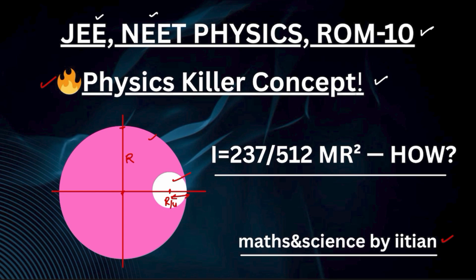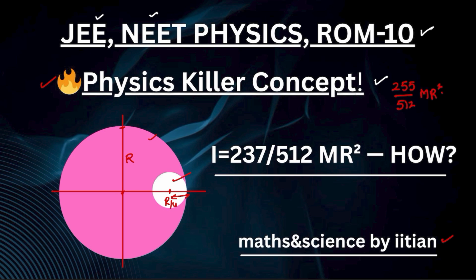People make a mistake here. They directly take half M R square for the total original body, and deduct half m into R by 4 whole square, and they get an answer of 255 by 512 M R square.